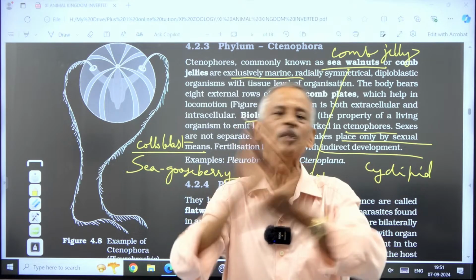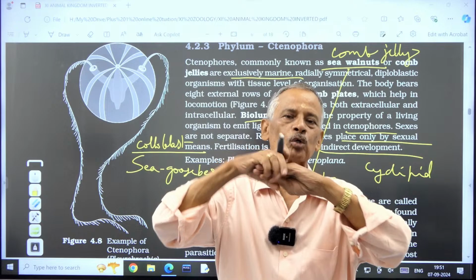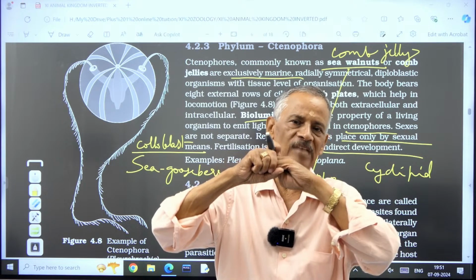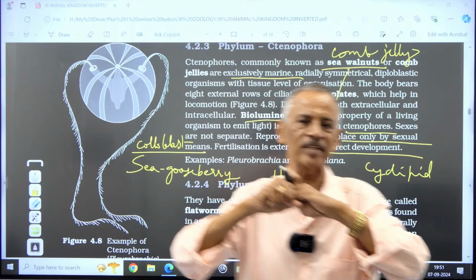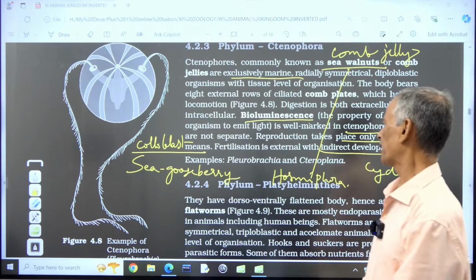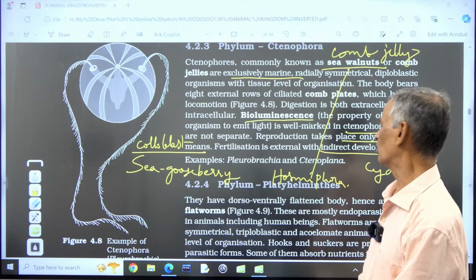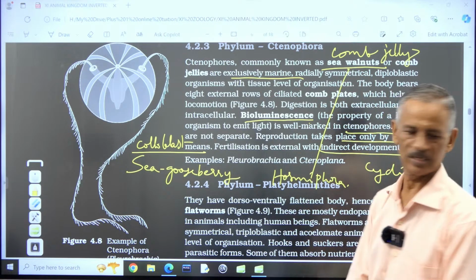They are capable of sticking like glue. So they will be sticking on to the enemies, foreign materials, foreign cells, organisms, etc., by which they capture their food. Pleurobrachia, commonly called sea gooseberry, and Hormiphora is called sea walnuts. Is that clear?